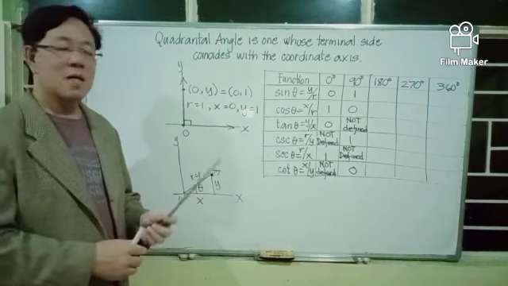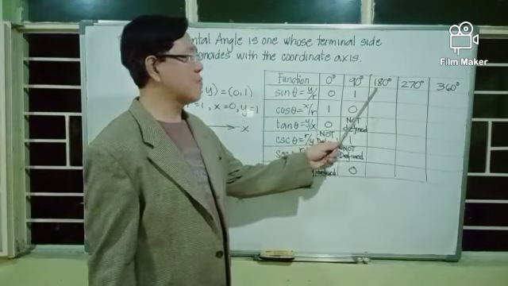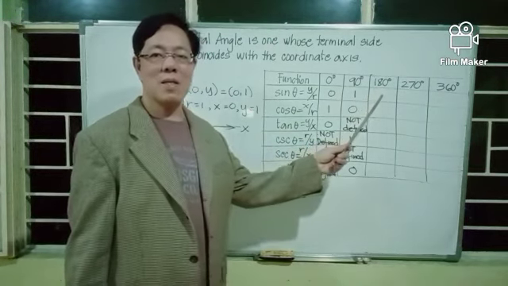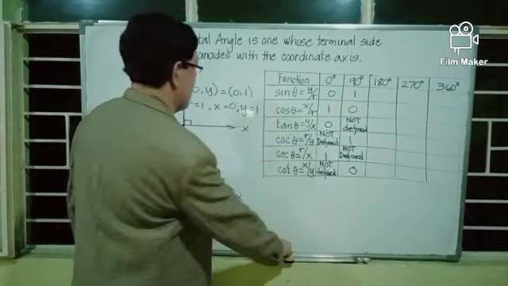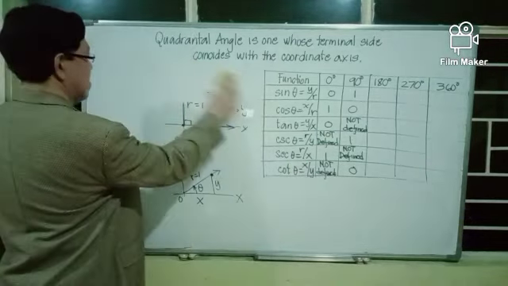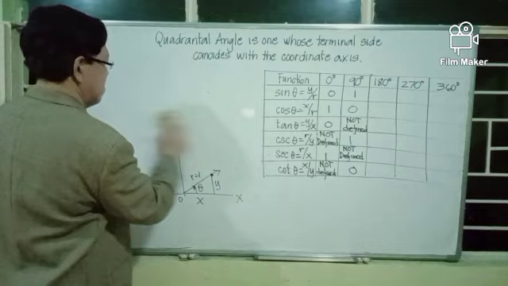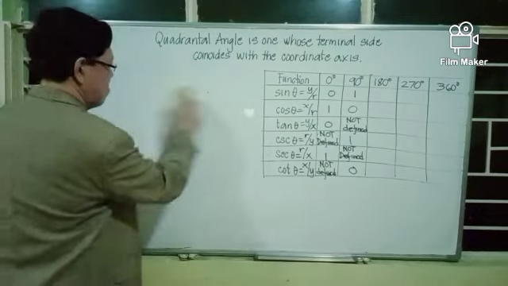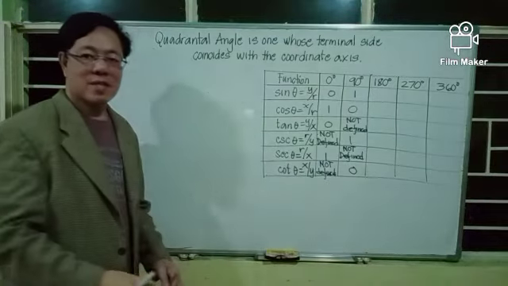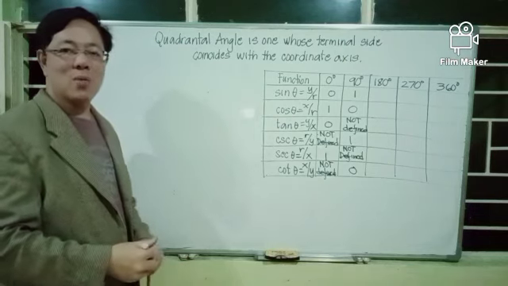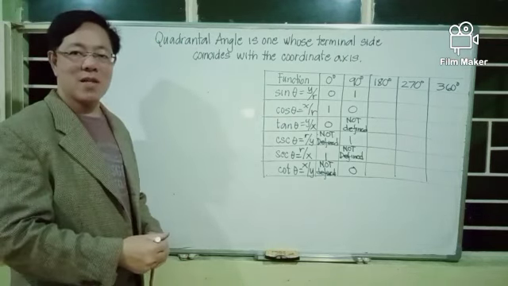Now we find the trigonometric functions of the quadrantal angle 180 degrees. We construct again the quadrantal angle 180 degrees in standard position.